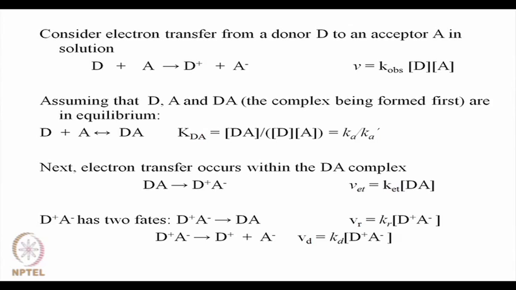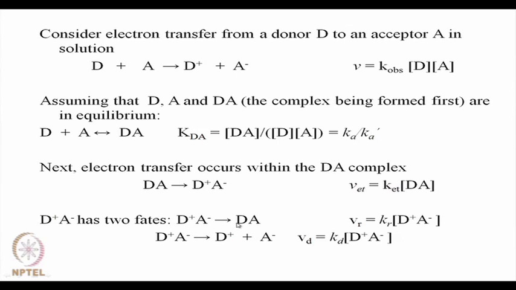Okay. The rate of electron transfer means the rate of the electron transfer reaction, which is V electron transfer, equal to K electron transfer times the concentration of dA. Now, this D plus A minus has two fates.